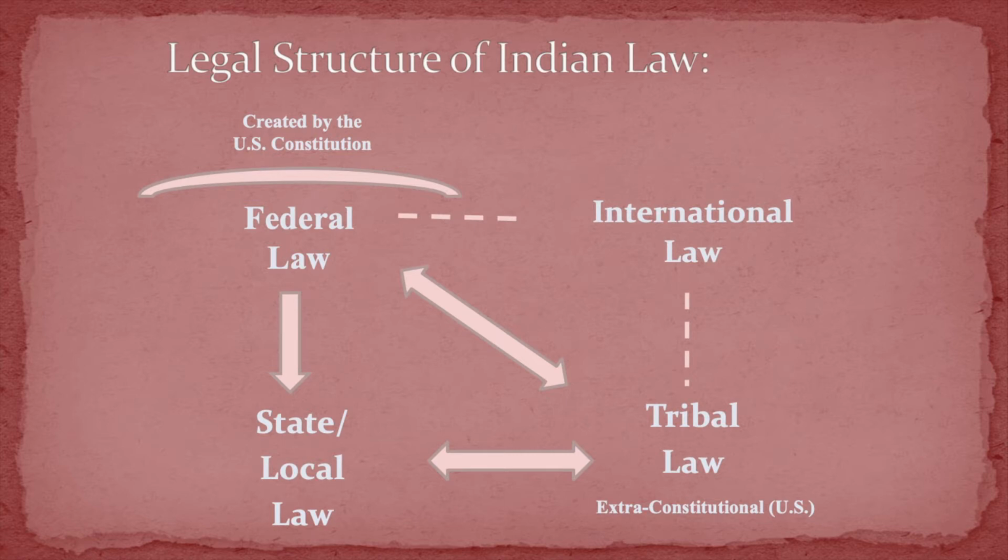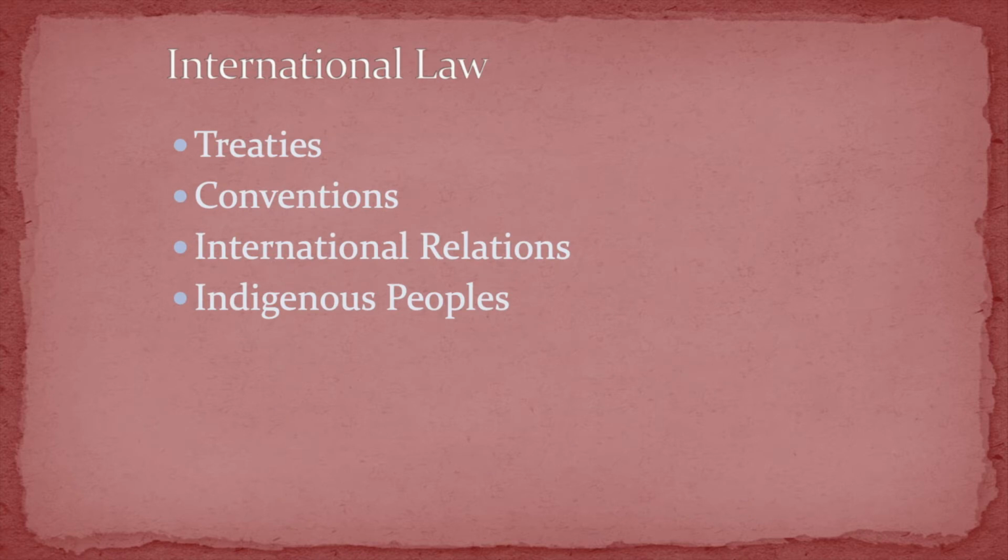I'd like to unpack it a little bit more today, because yesterday we did talk about international law and treaties and conventions and international relations and the use of the word Indigenous peoples, and we talked about different terminologies. But I wanted to give you an example of how international law really does and can affect tribal peoples.